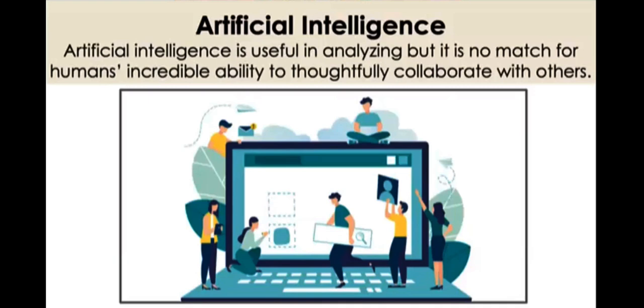Artificial intelligence is useful in analyzing, but it is no match for humans' incredible ability to thoughtfully collaborate with others. Purposeful thinking and learning can incorporate artificial intelligence, but users must bear in mind that the gains and losses caused by such technology must be considered and adhered to.